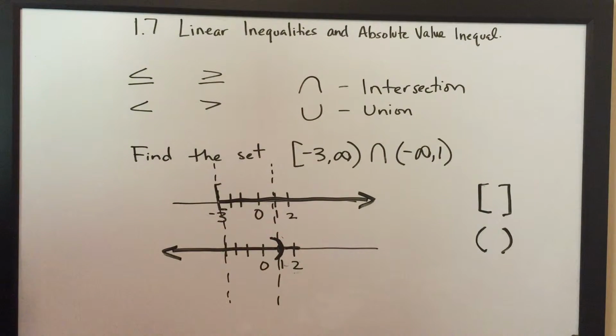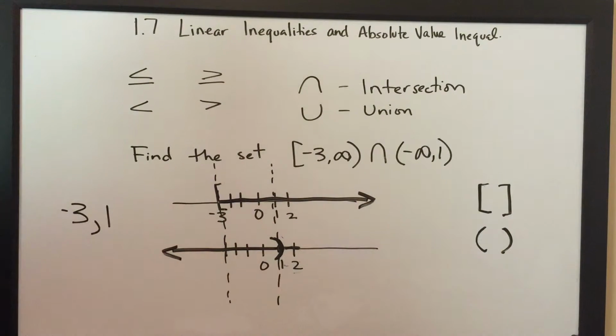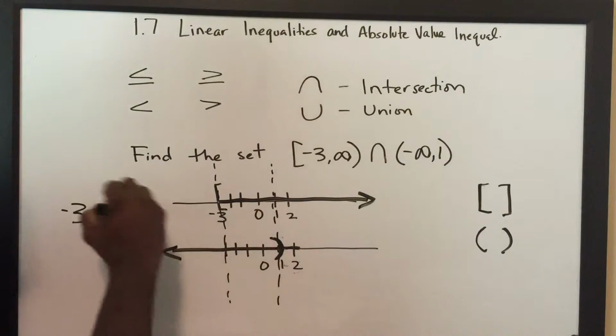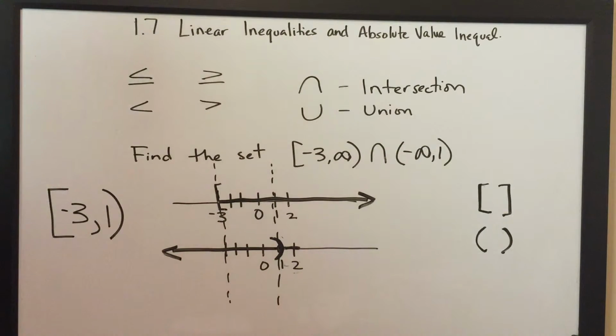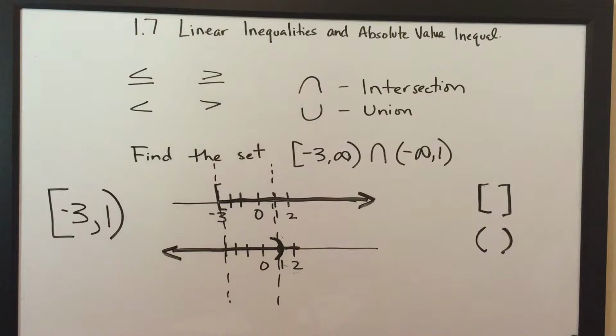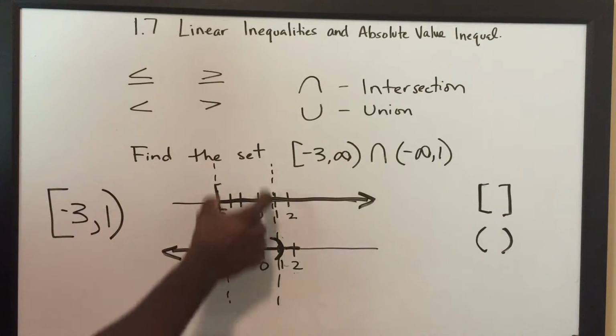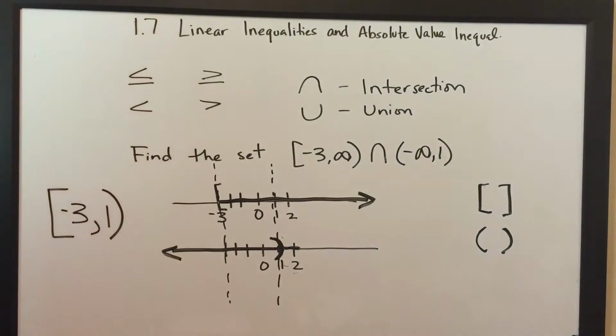So our answer would be [-3, 1). 1 is a parenthesis and -3 is a bracket. So we just graphed it as well as found the solution set for it. It's asked for the intersection, we found the intersection, and the intersection is confined between -3 and 1. And we wrote it out just like that.